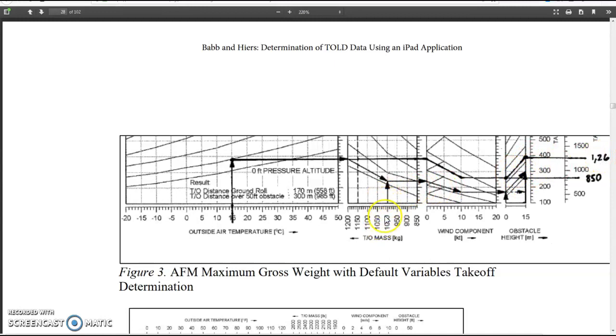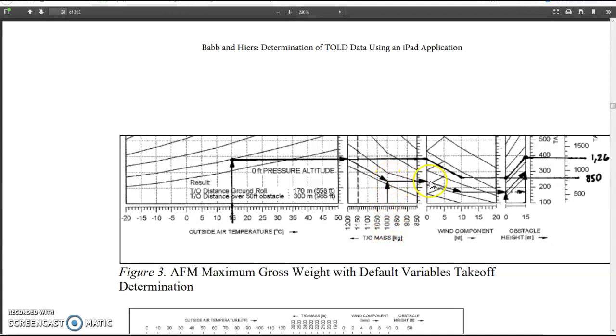But for a 2,200 pound airplane, on a 15-degree day, with 10 knots of wind, you come straight across. So once again, 15 degrees, 2,000 feet of pressure altitude, you come straight across. The weight of the aircraft is 2,200 pounds, which is given to us. So you come down here, which is either 1,000 kilograms or 2,200 pounds.